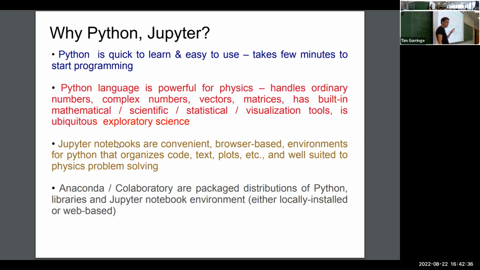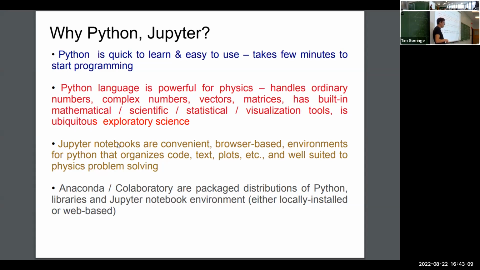It has a lot of libraries, a lot of packages that help us with physics problems: scientific libraries, statistical libraries, visualization libraries. So that's very helpful for physics problems. And so Python has really become the go-to environment for exploratory physics problem solving. So that's why we're using that.